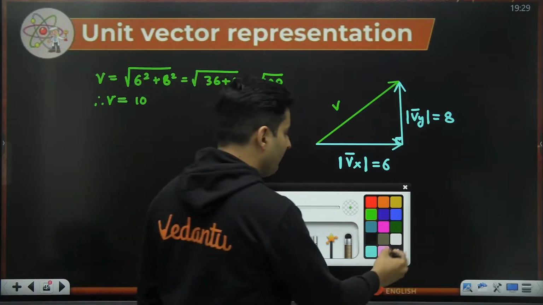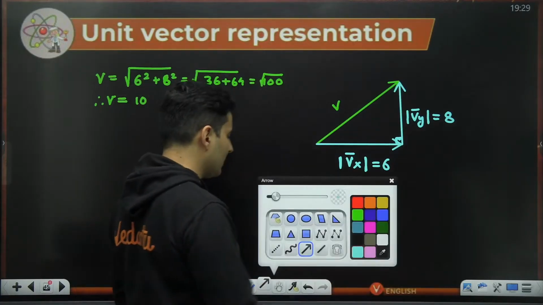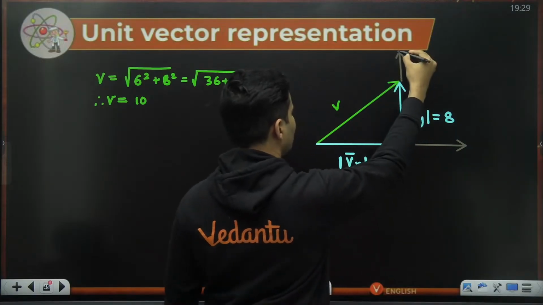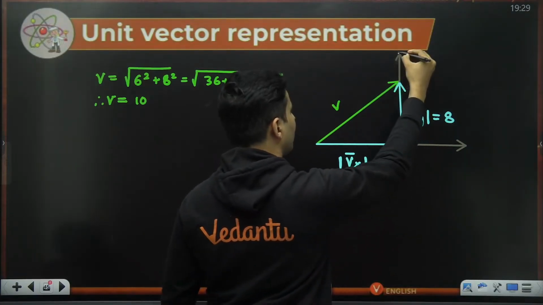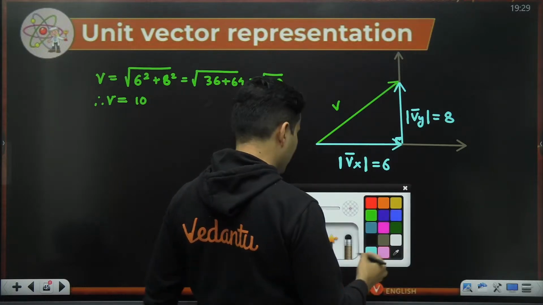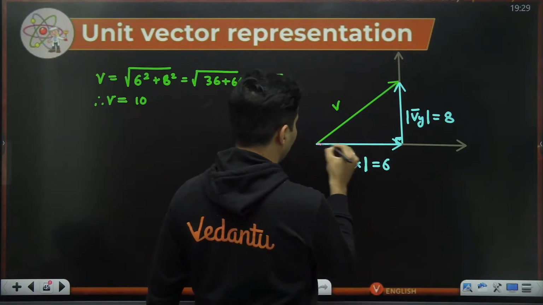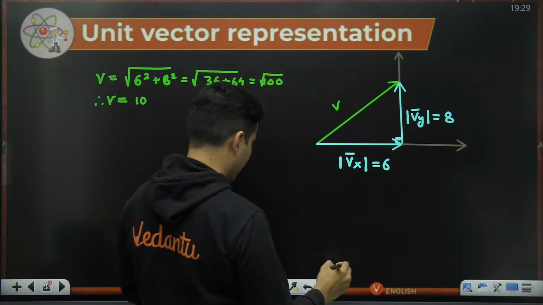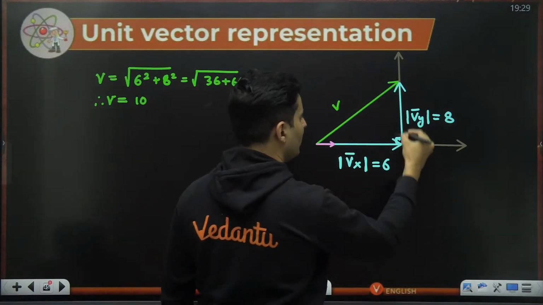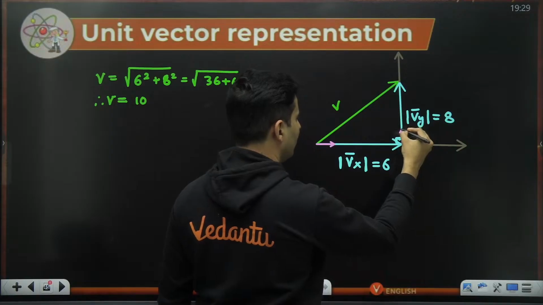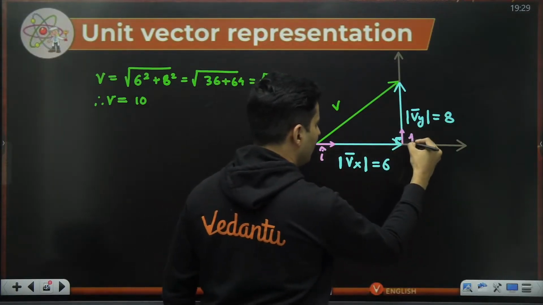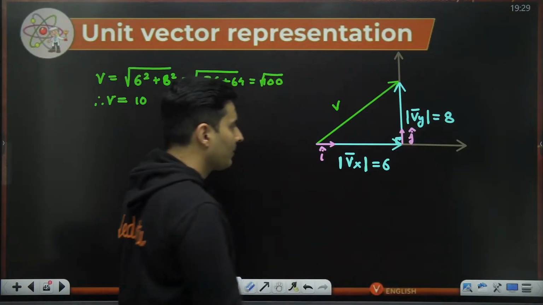Remember, I had defined some special unit vectors along the x direction, the y direction, and so on. This was the x direction, this is the y direction. A unit vector along the x direction is called i cap. A unit vector along the y direction is called j cap. Let me write i cap over here and j cap over here.